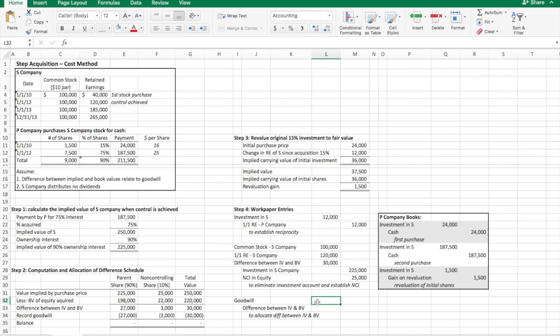And then our last work paper entry that we need to make is to allocate the difference between implied and book value. And so since we were told that all of the difference between implied and book value relates to goodwill, we can debit goodwill for $30,000 and credit the difference account for $30,000.